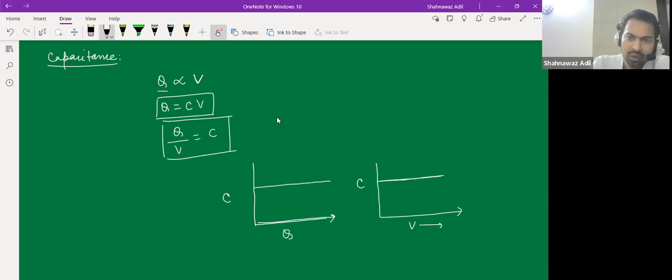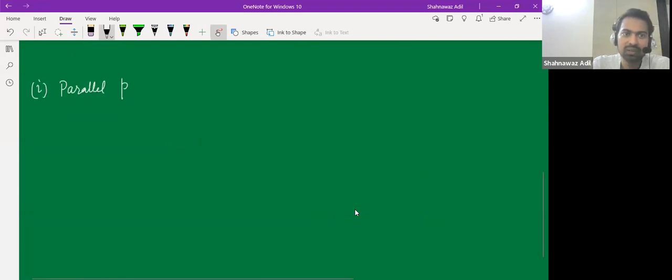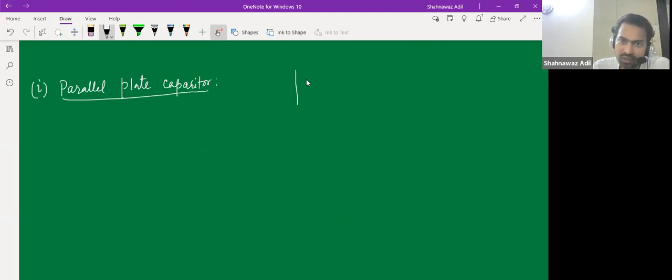We have two plates, one connected with positive and one connected with negative.